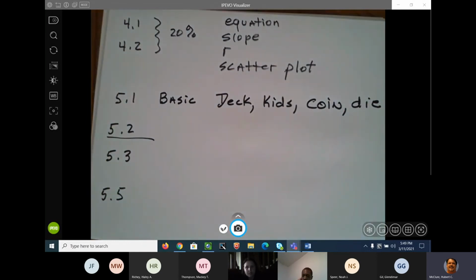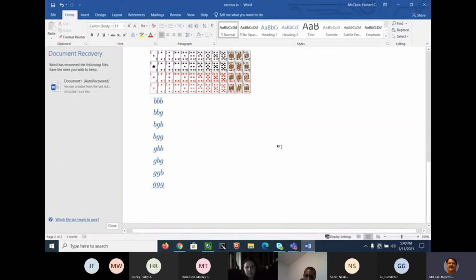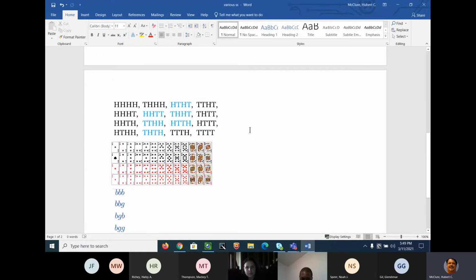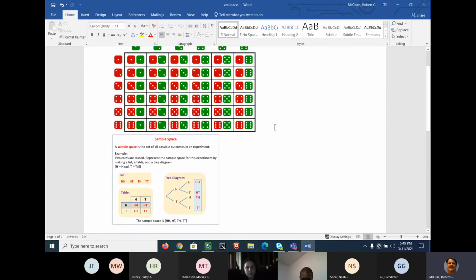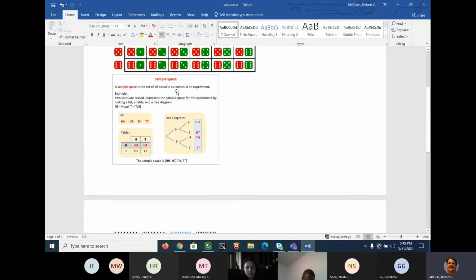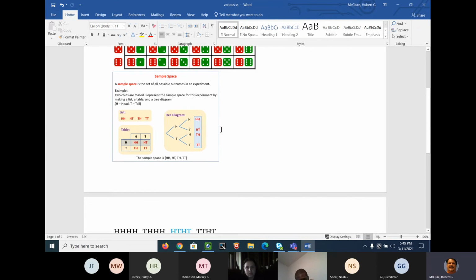And if you'll look at this little doojigger I sent y'all, and y'all can add to it, I added some more to it. These are just some sample spaces that I threw together. There's 2 die, and there's 2 coins. The one I had sent you was incorrect, so I fixed it.